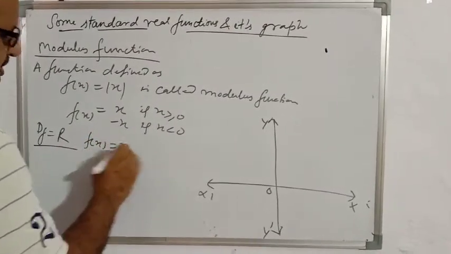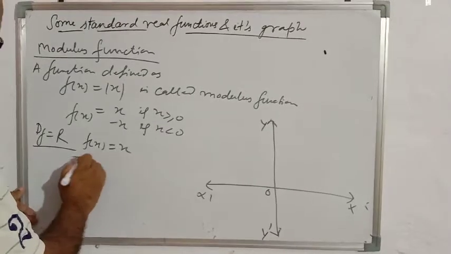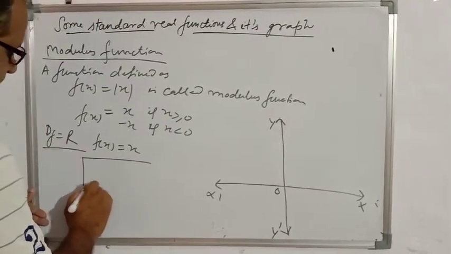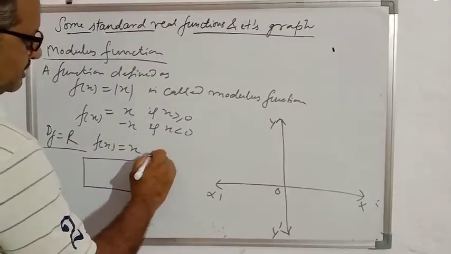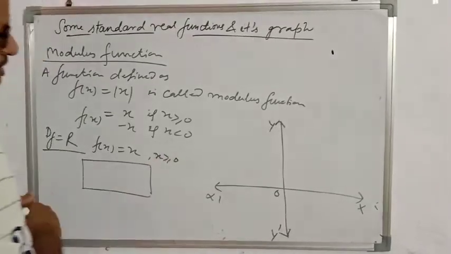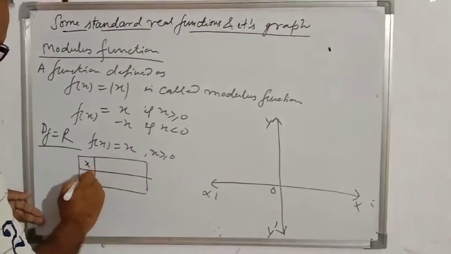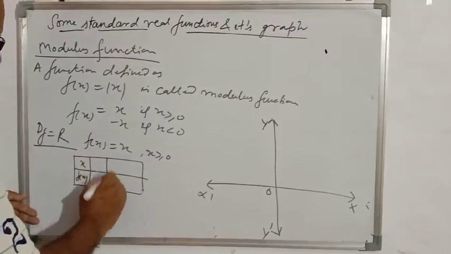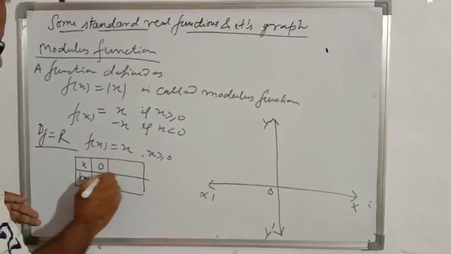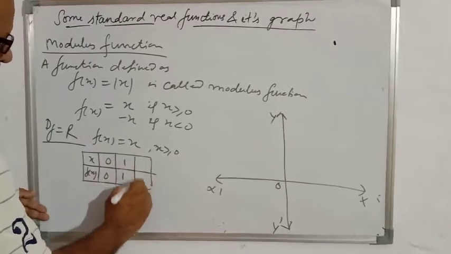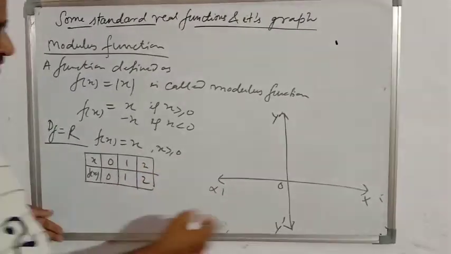f(x) is equal to x, but x we have to take greater than or equal to 0. So when we take x greater than or equal to 0: x is 0, f(x) is 0; x is 1, f(x) is 1; x is 2, f(x) is 2, like this.